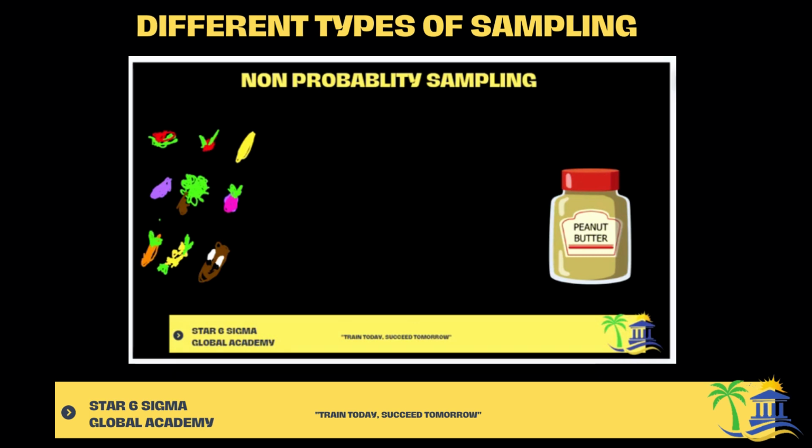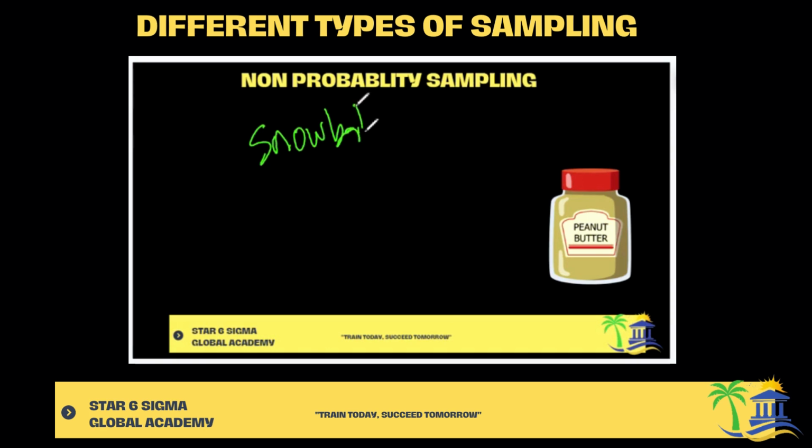The next thing that I want to talk to you guys about is something called snowball sampling. This is where the population's unknown and it's difficult to get a sample. So we would take existing elements of the process, so we have different colors.